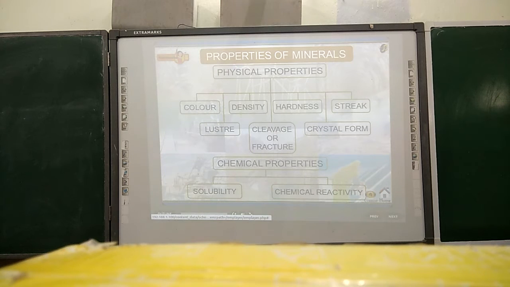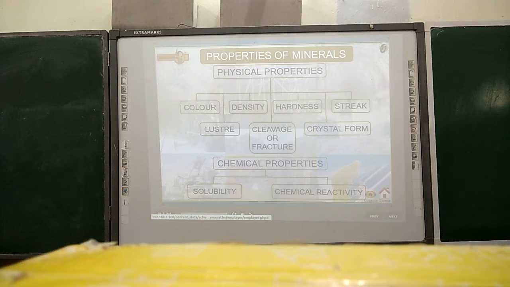What are those? One is color, second is density, third is hardness, then streak, luster, cleavage, crystal form. Whereas the chemical properties are, one, solubility, and second, chemical reactivity.